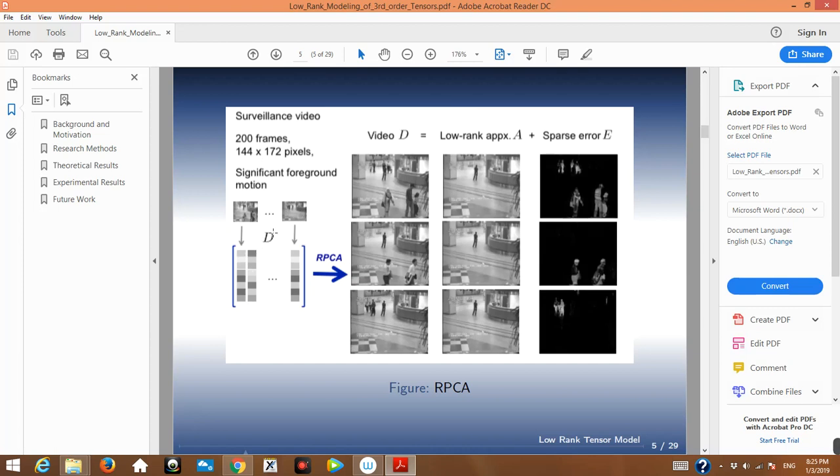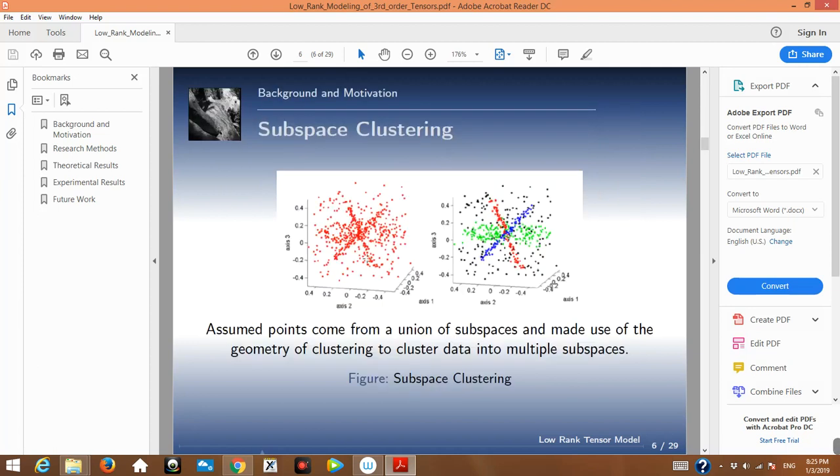So we have a big matrix D. If we do robust PCA on this matrix, we can separate the low rank approximation of this video D and a sparse error.